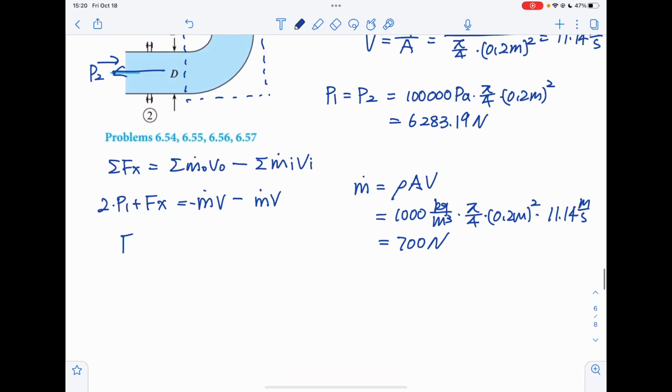So Fx equals 2 m dot times V minus 2 P1.